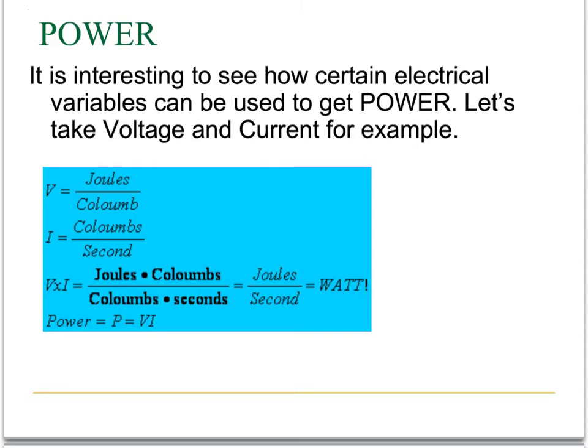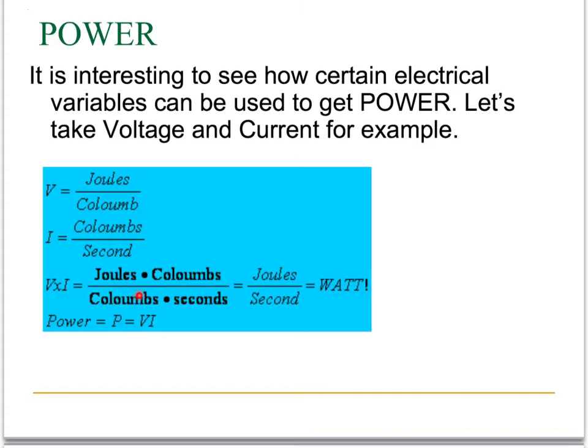It is interesting to see how certain electrical variables can be used to get power. Let's start by using voltage and current in the first example. We know that voltage is measured in joules per coulomb. We know that current is measured in coulombs per second. If we multiply voltage times current, we get joules per coulomb times coulombs per second.